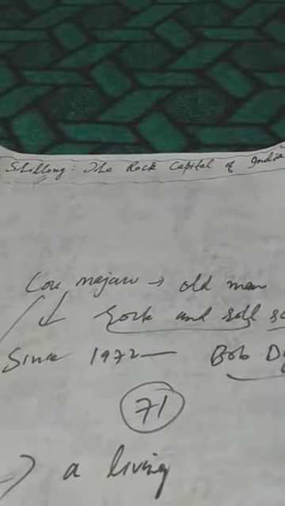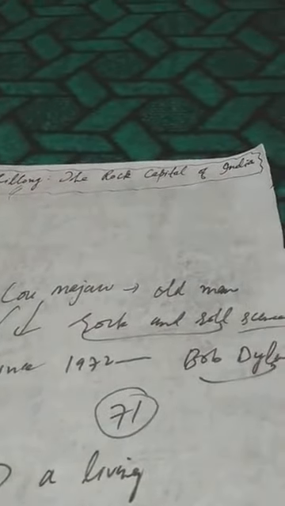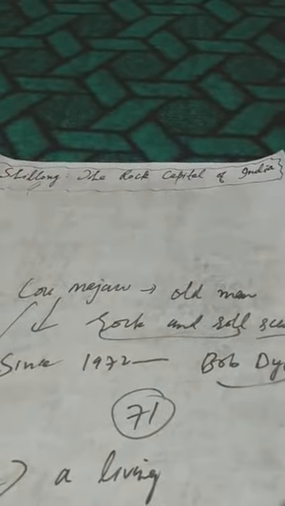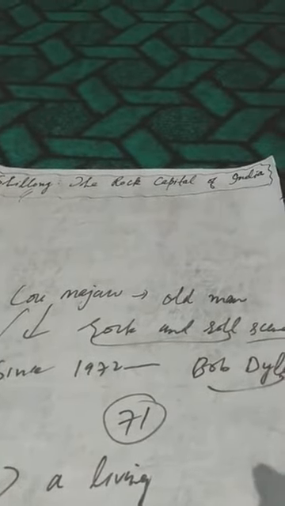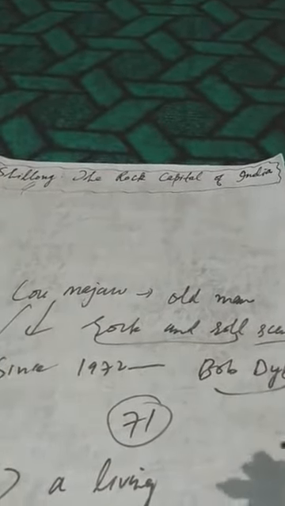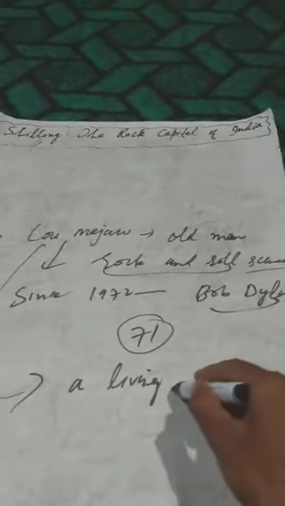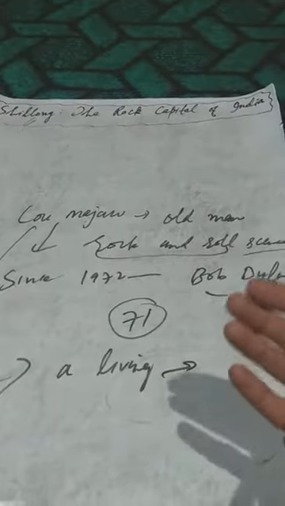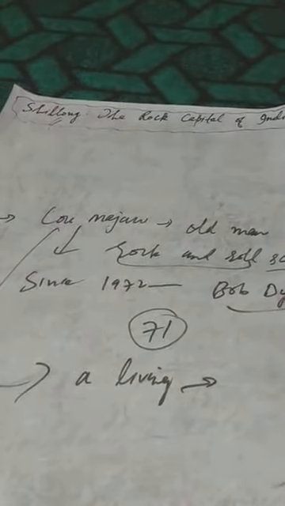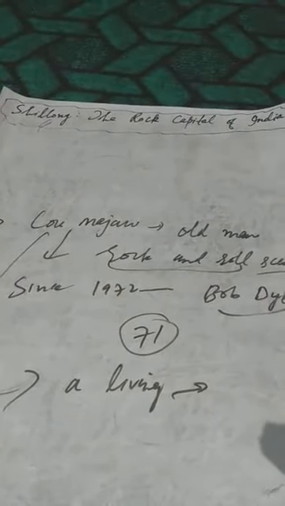What does that mean? It means that this old man, Lou Mojo, represents Shillong's musical spirit. So he tells us how much attracted and attached the people of Shillong are to music.